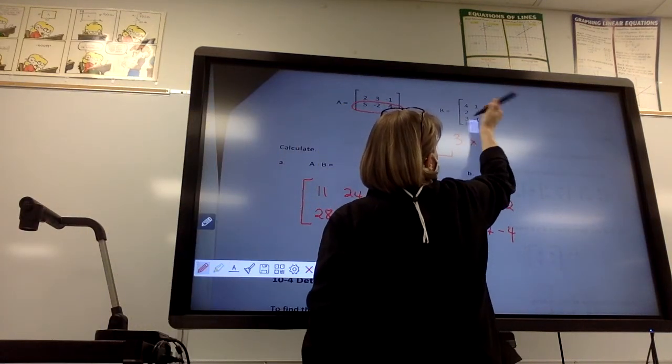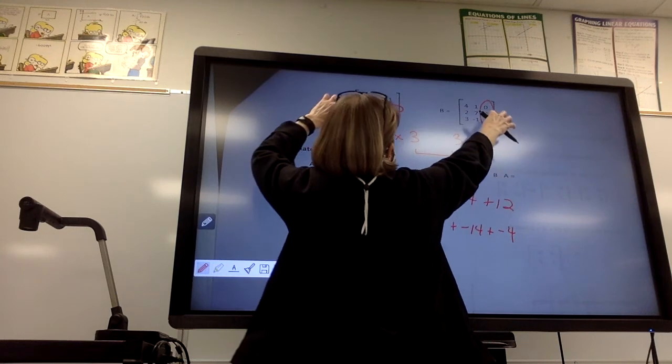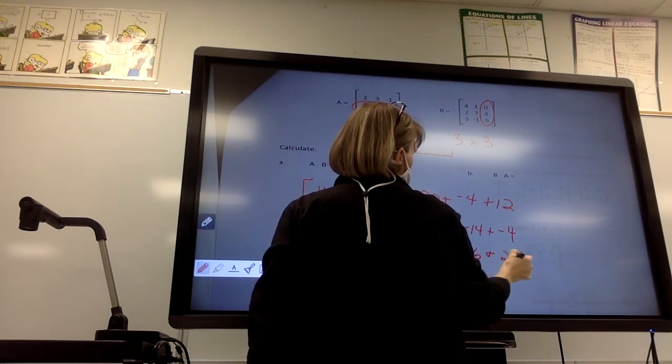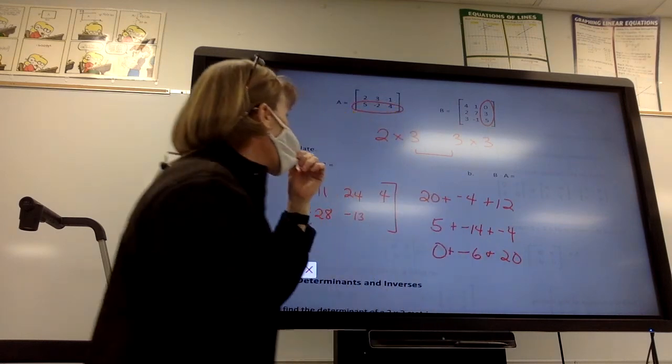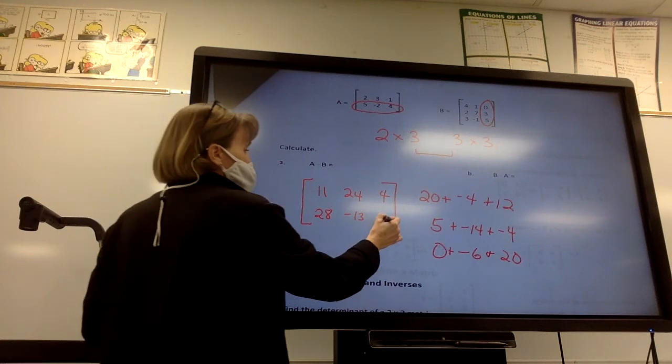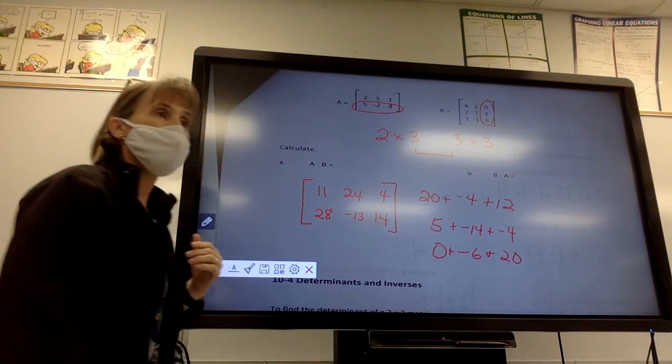And let's do the last column. Zero plus a -6 plus 20. You get 14 out of that.